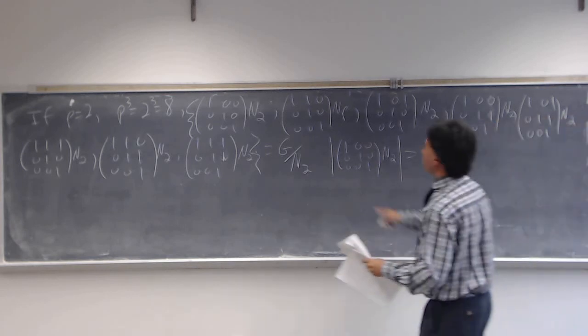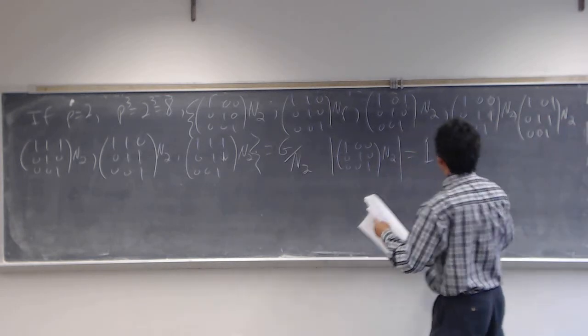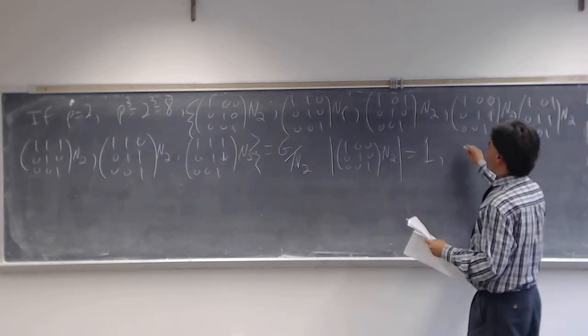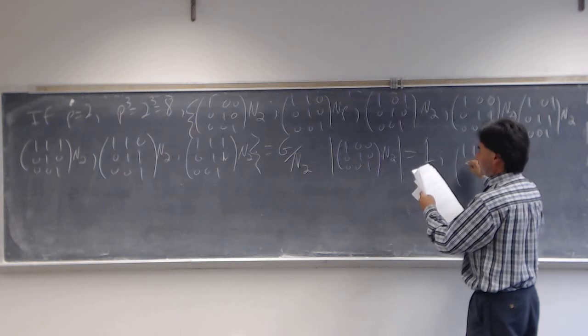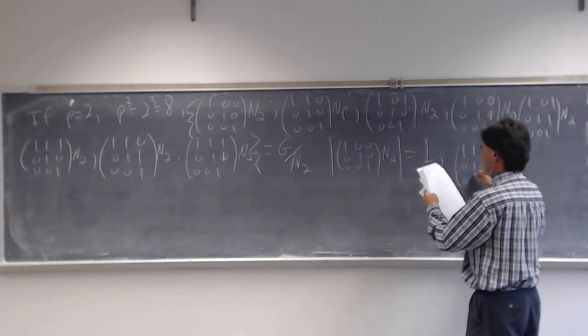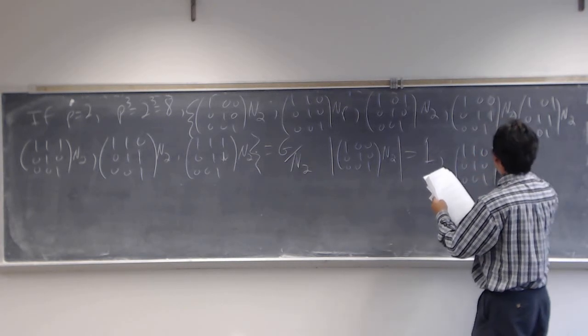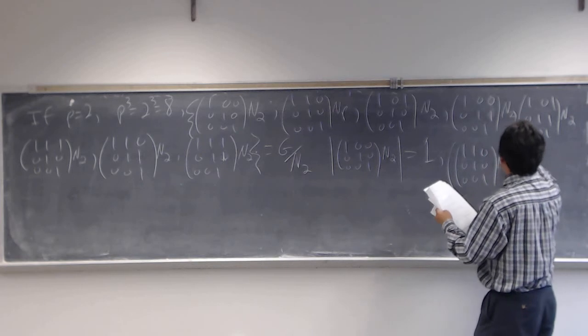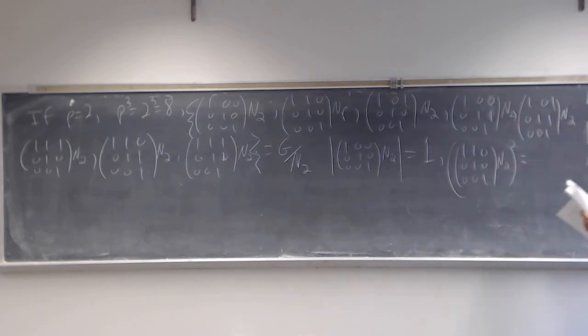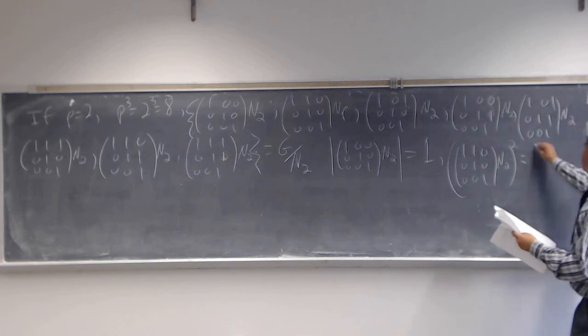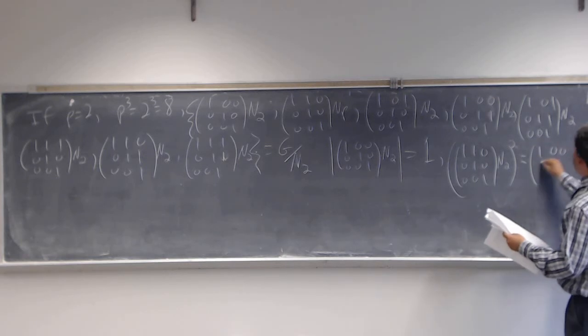What about this element? We look at the next element, look at this. And let me square it. And I claim this is just the identity coset.